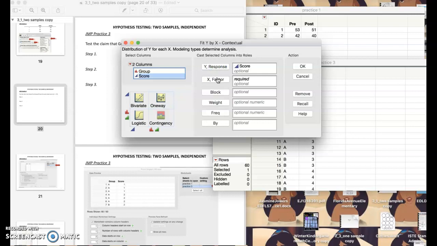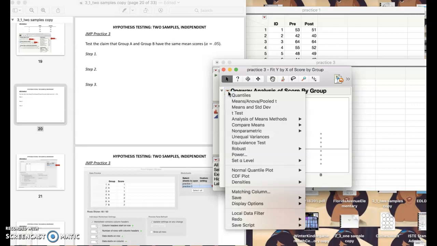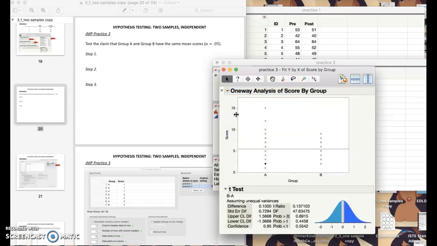So click and drag your score to your y response variable, and your group. In many cases they are categorical variables, not always. Click here, the small tiny red triangle. There is a drop-down menu. Here, t-test. If we have only two groups, we are going to do a t-test. Click.